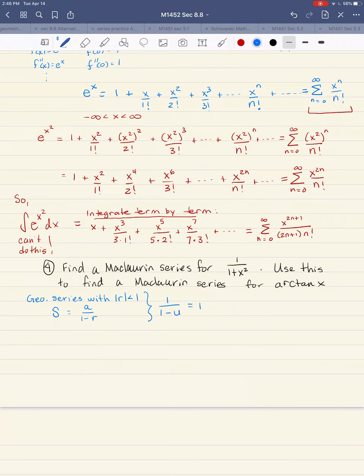So I'm using a as 1 and r is u. So it looks like a plus a times r plus a times r squared plus a times r cubed plus, and so on.